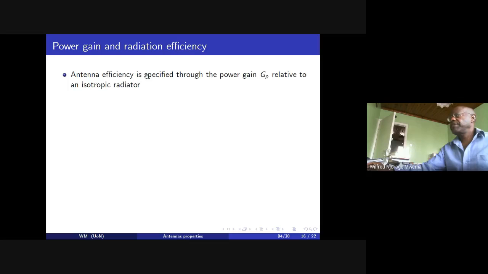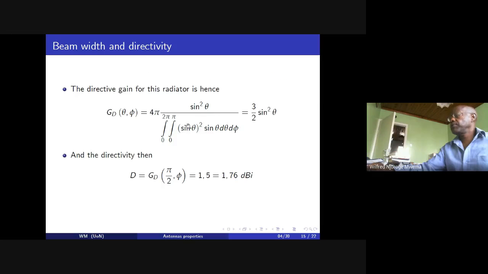So antenna efficiency, I hope we are able to solve this problem. You can always use integration by parts to integrate this value here. We see that this is sine squared theta and sine theta.